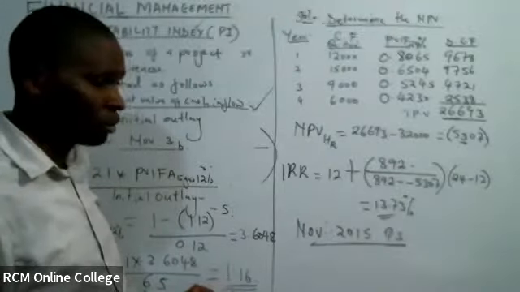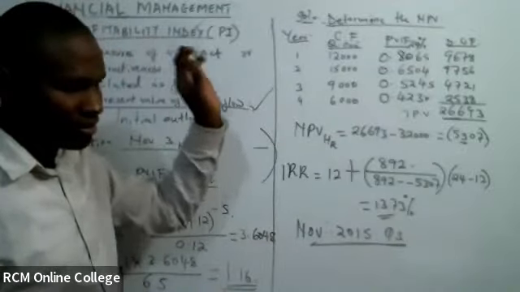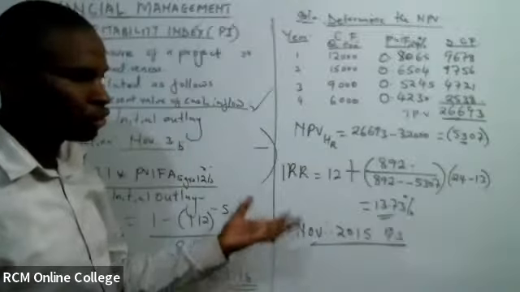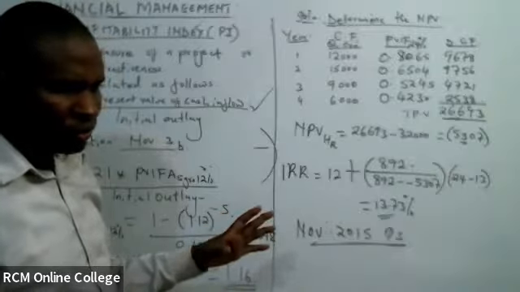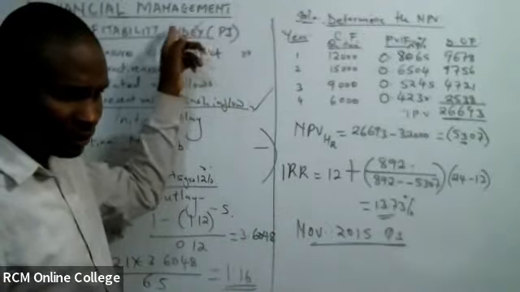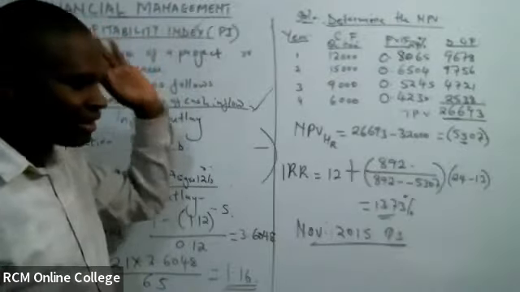Now the interpretation or the decision rule for this: if the PI, this is an index, not a sharing index. We're dealing with the index here.